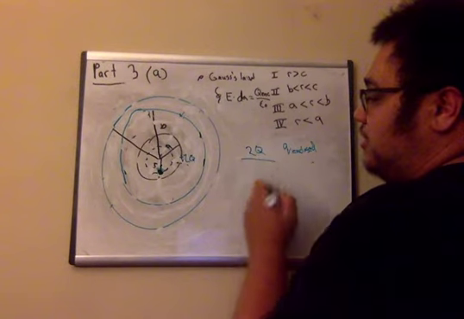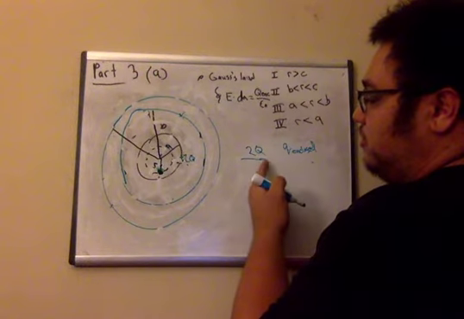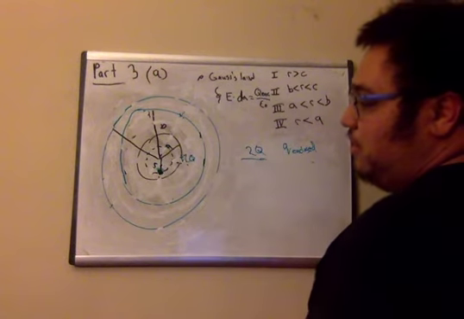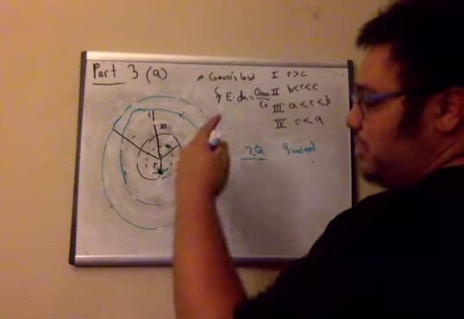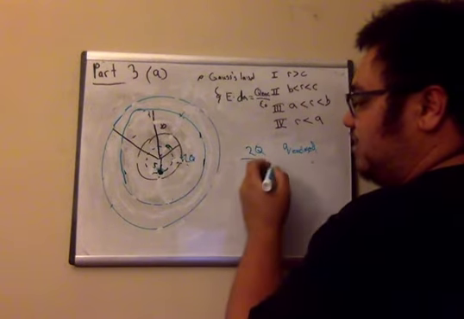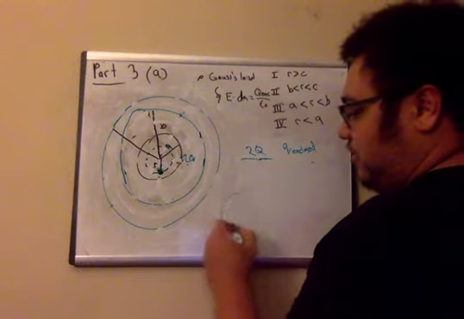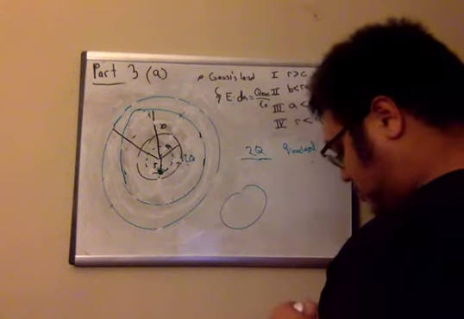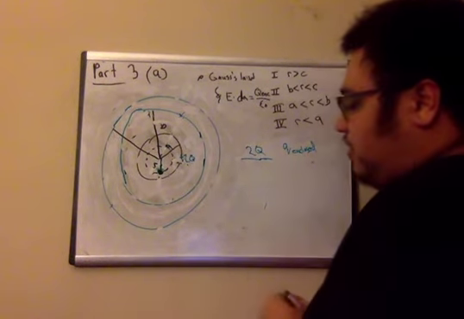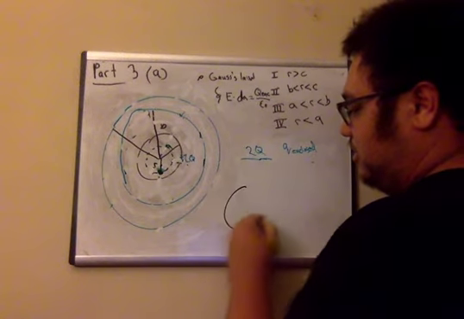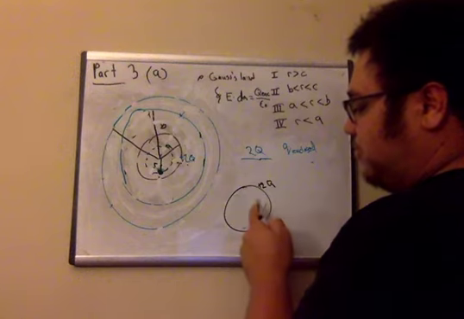We know the volume, what's the volume of our sphere with radius A? The actual volume of the sphere that's charged 2q. So what's the volume of that?